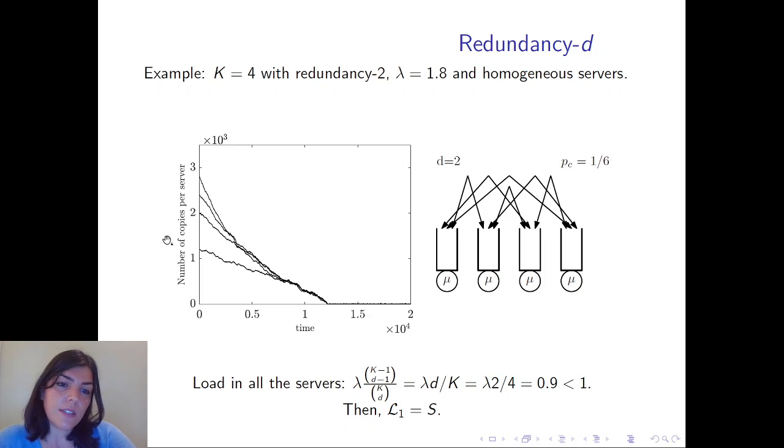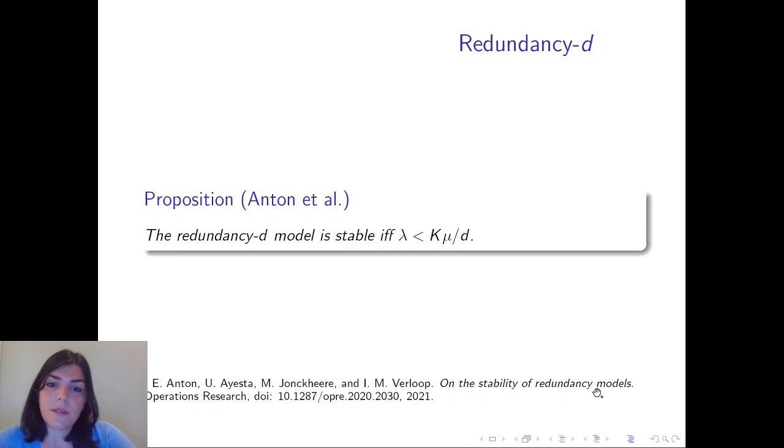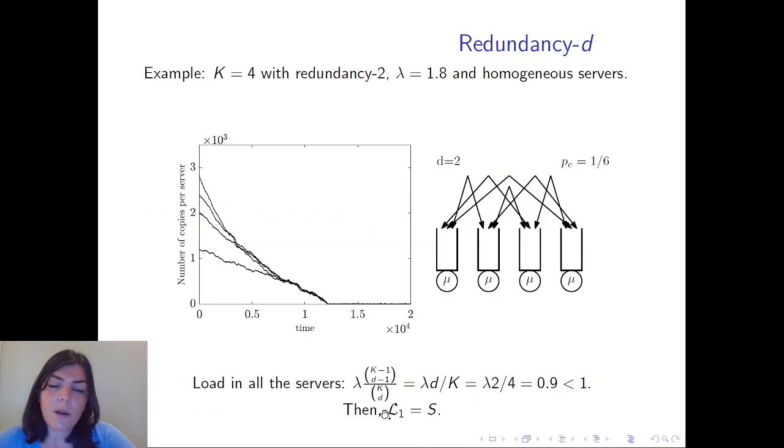In this figure, we have the number of copies per server over time for the different servers, and we observe that all of them from the beginning have a negative trajectory and get empty. If we compute the load in the servers, we have that this load is equal for all the servers and that it is smaller than 1. Then from the algorithm, L1 is going to be the set of all servers.